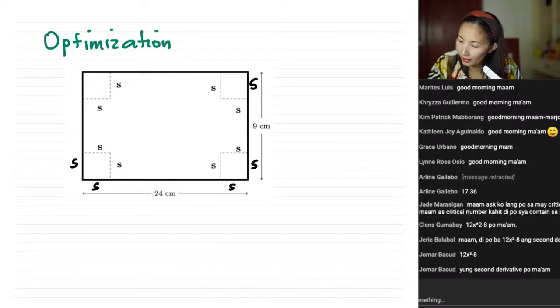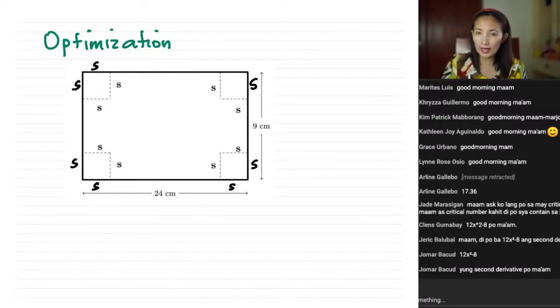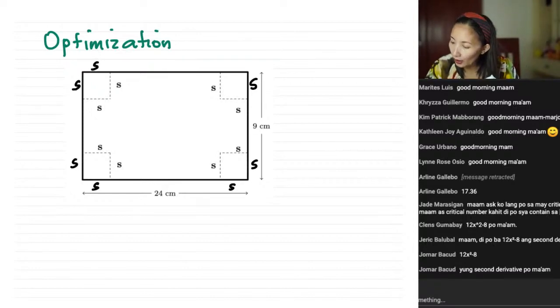Okay, you know that a square has equal sides. So if I will cut out S from both ends, then what happens to 24? The length of the rectangular box that will be formed will simply be 24 minus 2s.